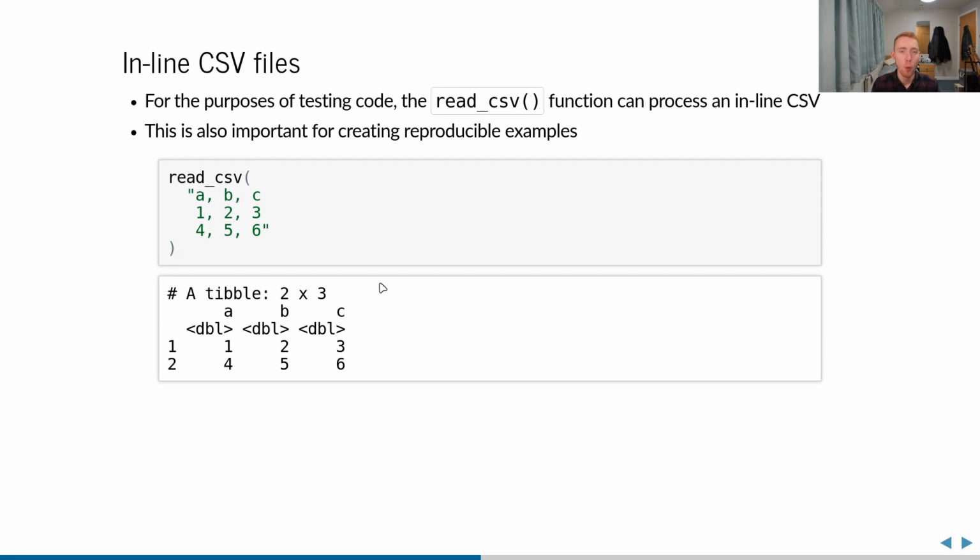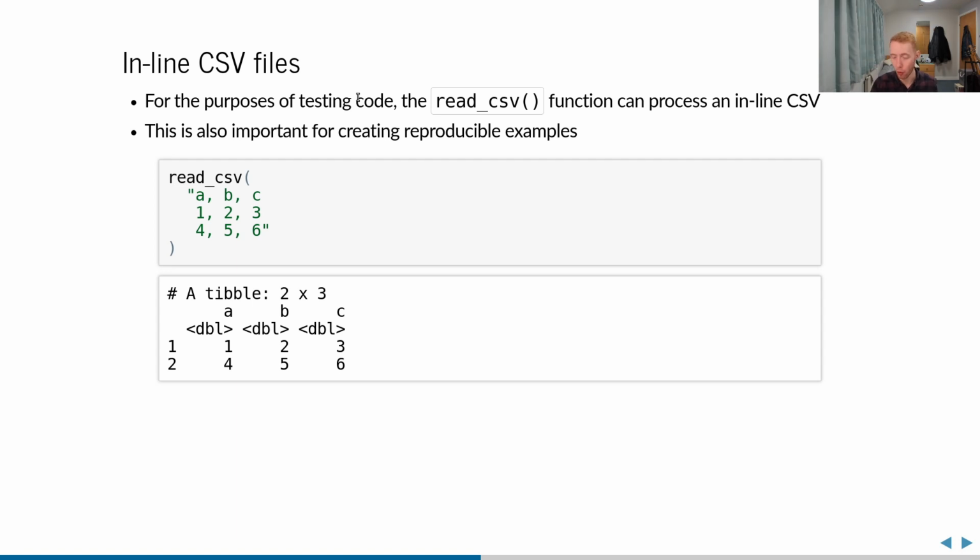Okay, so we're now going to look into some more advanced behavior of reading CSVs to handle some edge cases. But to do this, it will be helpful to be able to read CSVs directly from inside of R rather than having to mess with CSV files somewhere on our file system. And so to do this, we can read what's called an inline CSV.